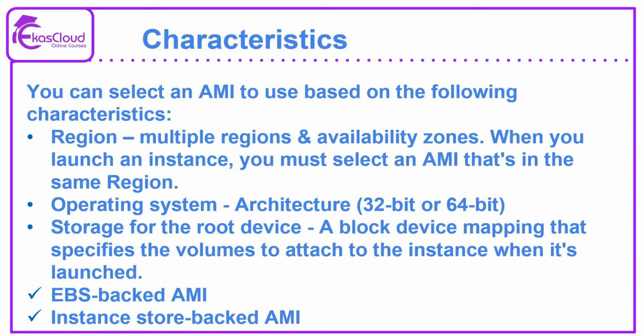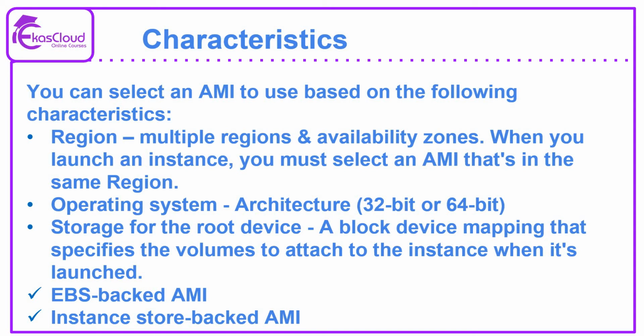There are two types of storage for the root device, depending on the type of AMI. We'll be talking about that in subsequent slides. Your storage can either be based on elastic block storage, so that would be the EBS-backed AMI, or it can be the instance store-backed AMI.